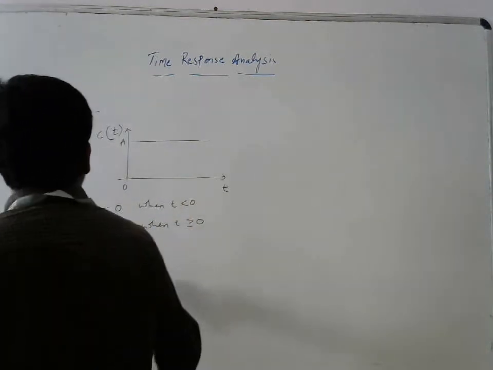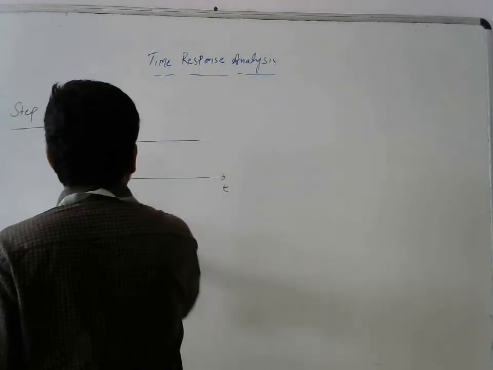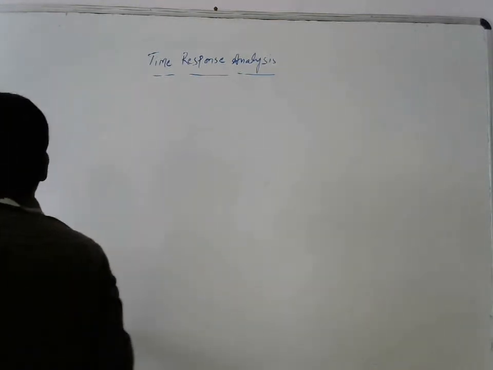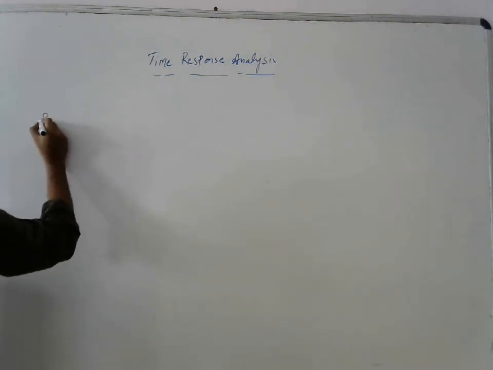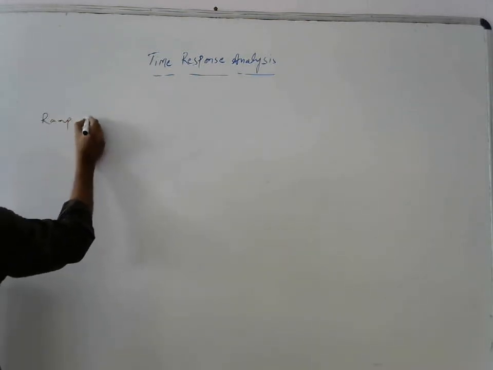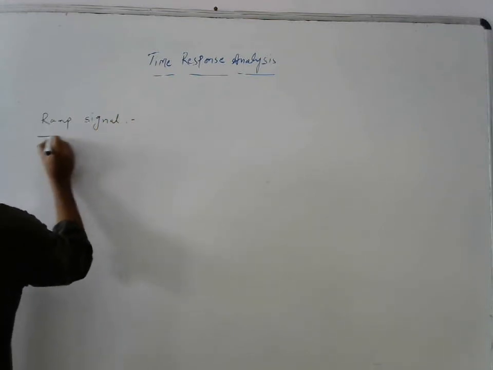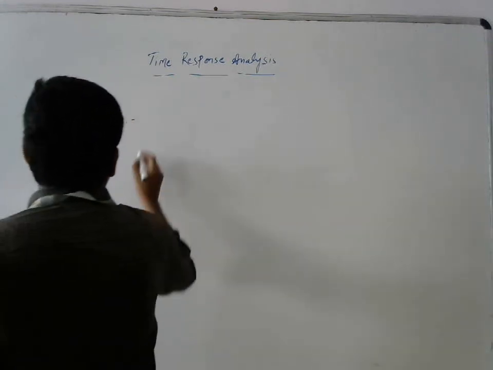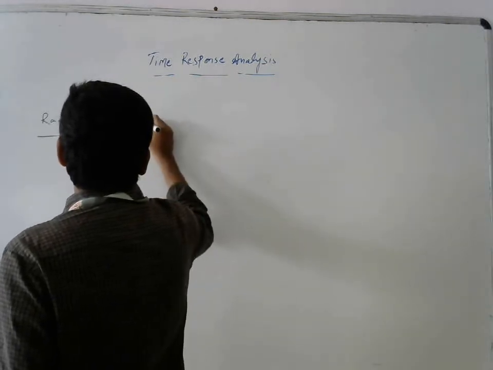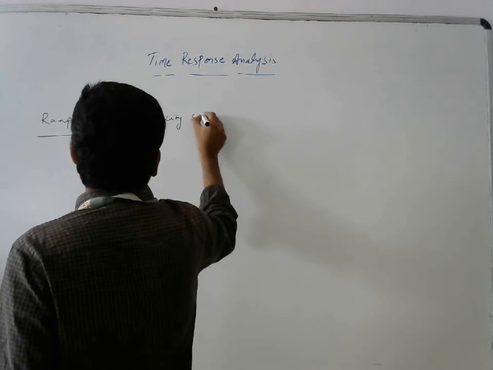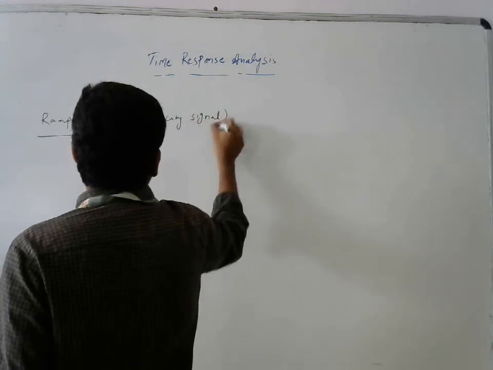And next one we are having a ramp signal, which we also call a velocity signal.